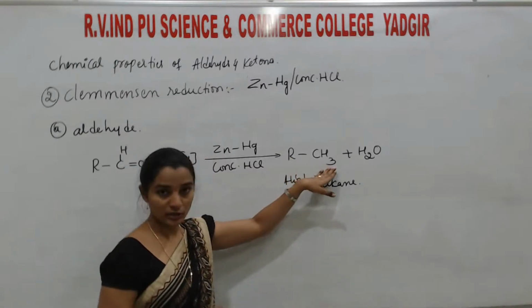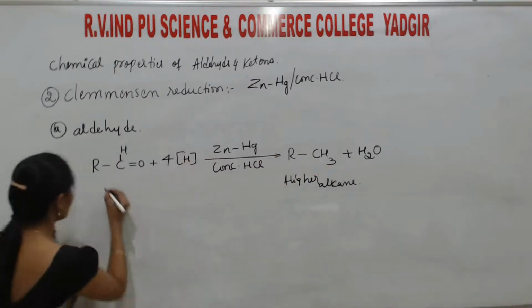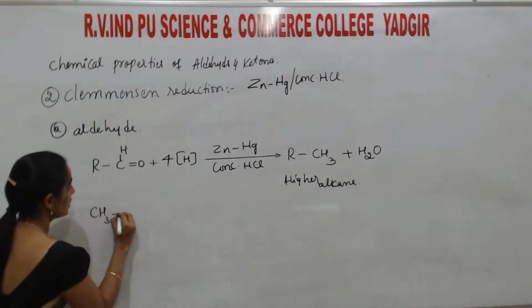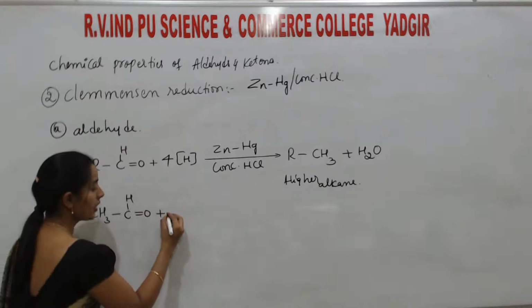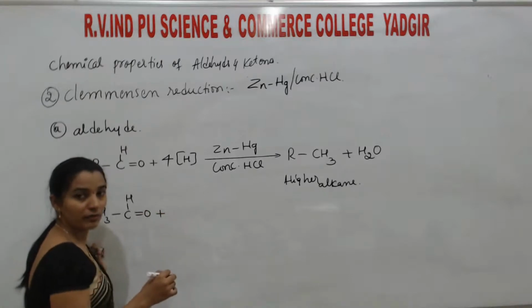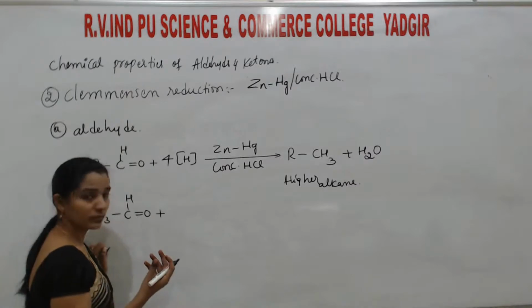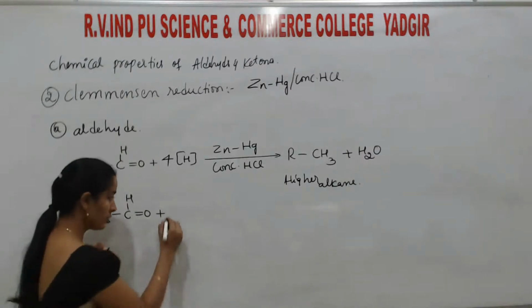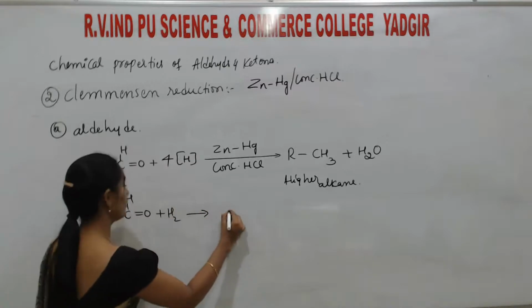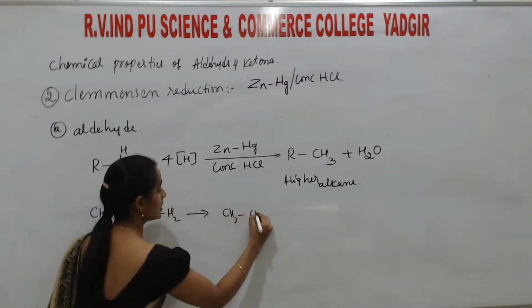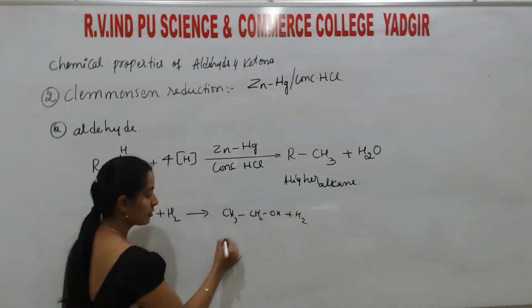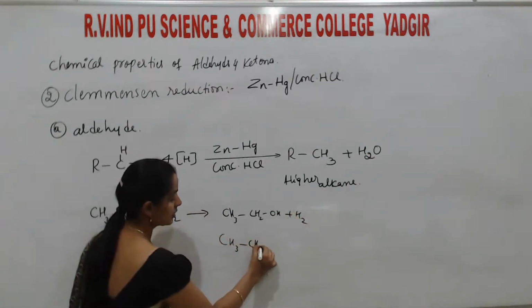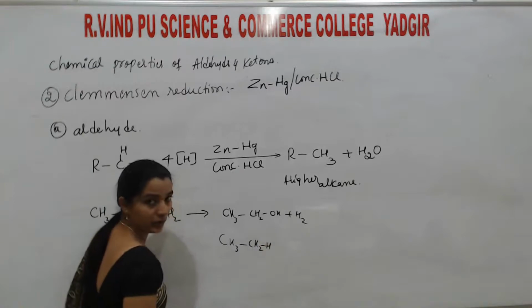Here, RCH3 for aldehyde. So for example, if you take CH3CHO, I will explain how the reaction takes place. Listen, in hydrogenation, what will they form initially? With H2 added, initially they will form CH3CH2OH. Again H2 is added, so it forms CH3CH2 with another H added here.